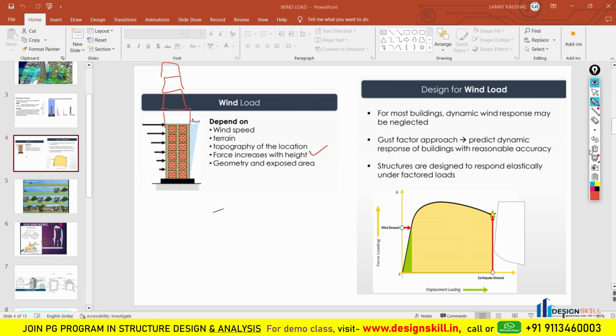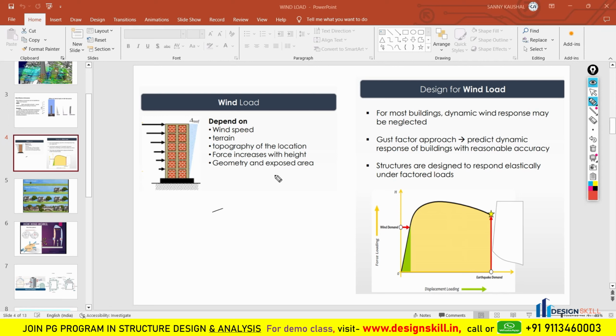So it is written clearly that forces increase with the height. It is very obvious that when you increase the height of any building, the force is going to increase and the wind load is going to change on the basis of this.